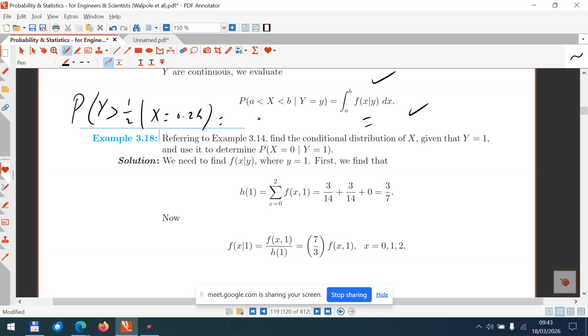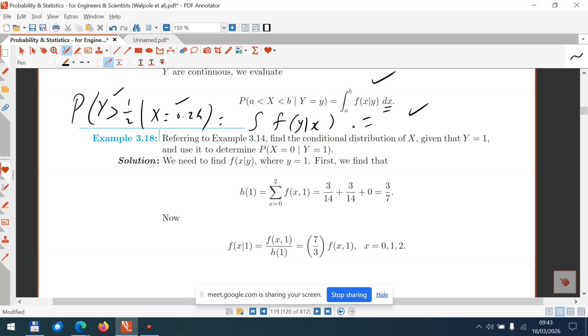The integral will be, first we need to look for the distribution. Here it is x given y, but we will have y given x, because in our case it is y given x.